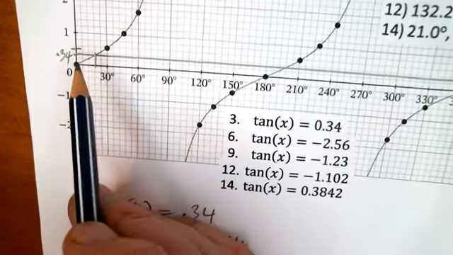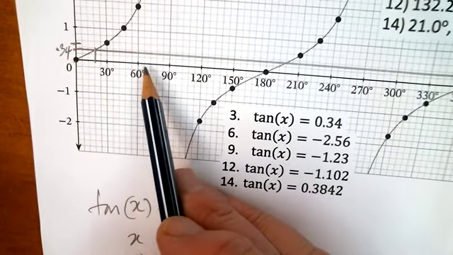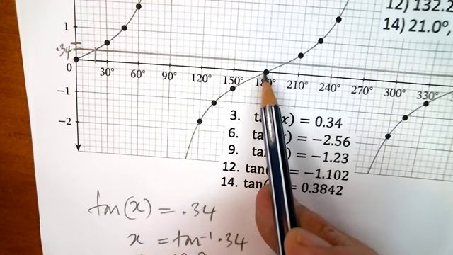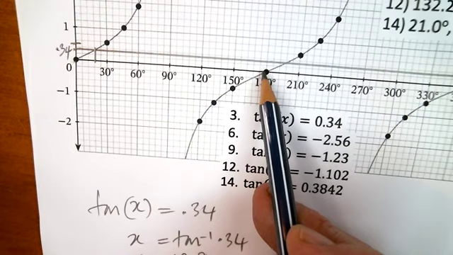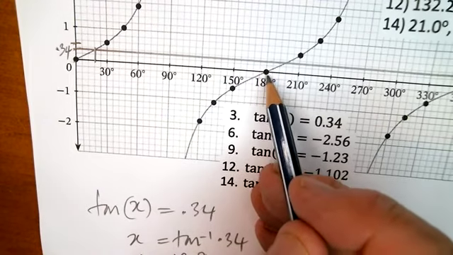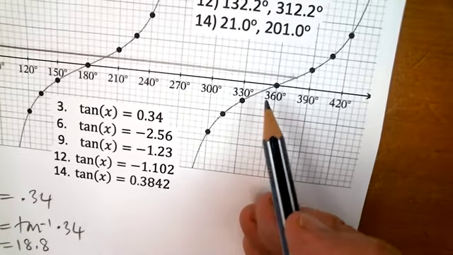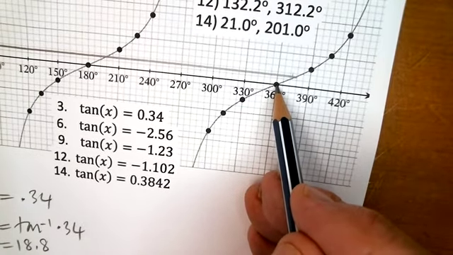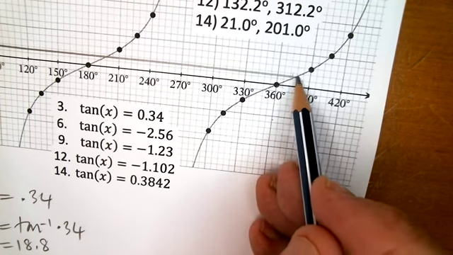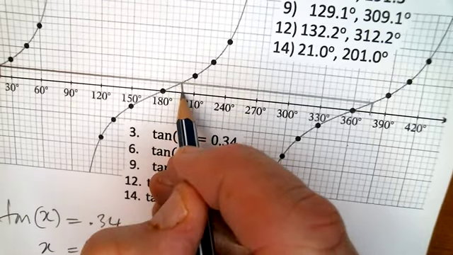So every time I go along here, I'm going to be encountering a zero amplitude position. To find out the next time that the amplitude equals 0.34, I just take this start point, and this start point here, and move along 18.8 degrees, and I'd come across 0.34.